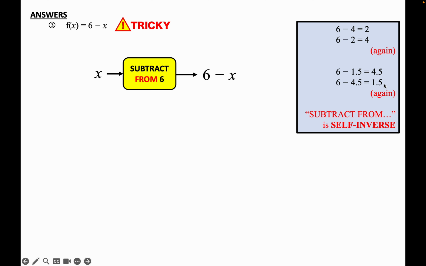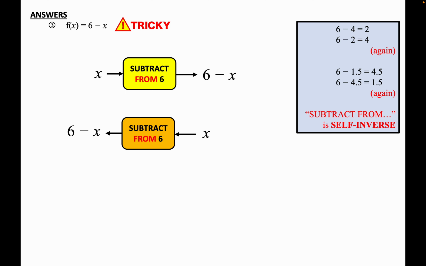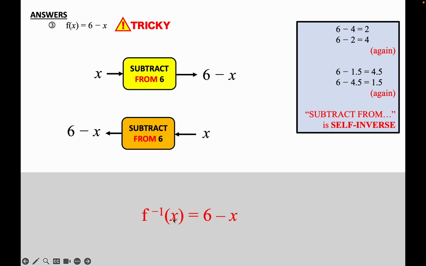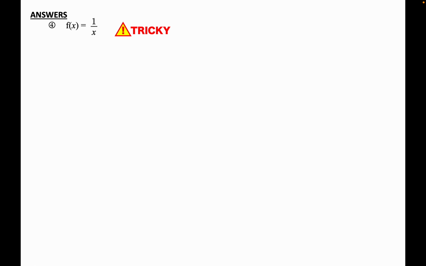And that's true of any kind of subtract-from operation. So the inverse of subtract from 6 is subtract from 6. The inverse of 6 minus x is 6 minus x again. So f minus 1 of x is 6 minus x. It's self-inverse.